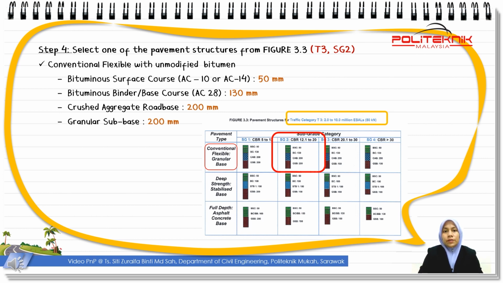Second layer, bituminous binder or base course AC28 is 130 mm. Third layer, crushed aggregate road base is 200 mm, and lastly, granular subbase layer is 200 mm.